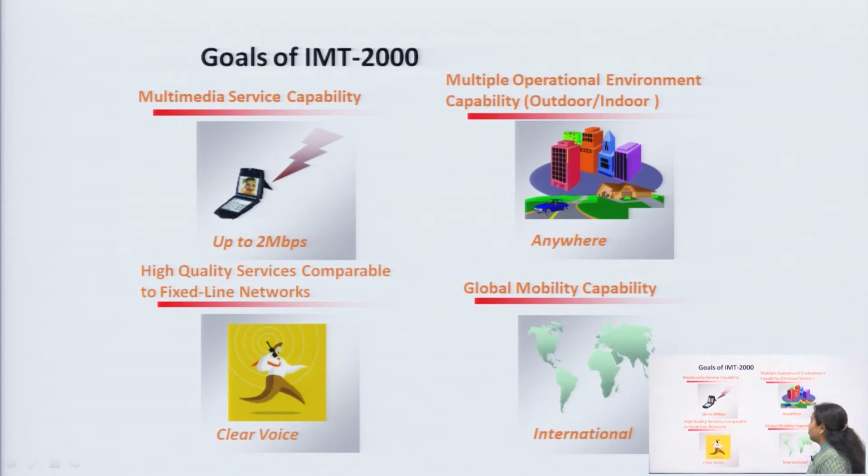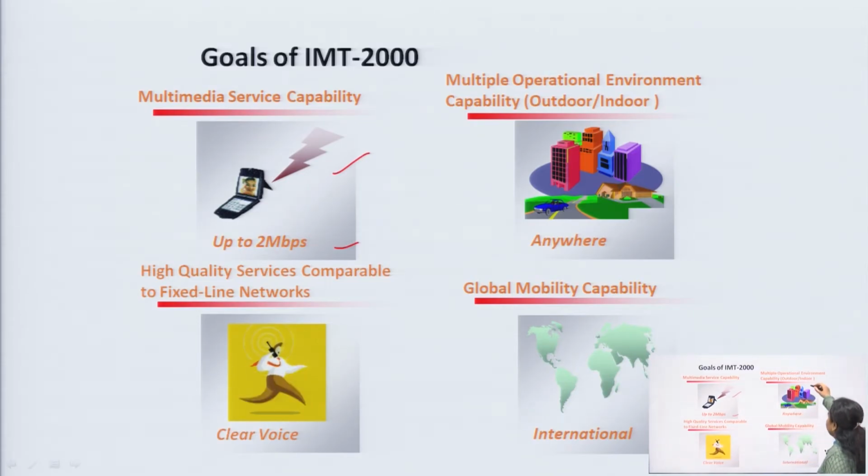So, the goal of IMT 2000 is multimedia service capability, which means that internet connectivity, uploading and downloading from a particular site or from the internet, should be maintained up to 2 megabits per second.